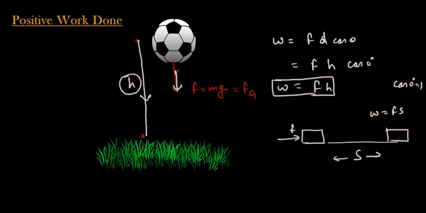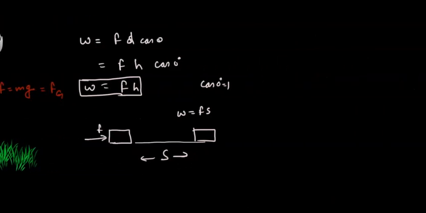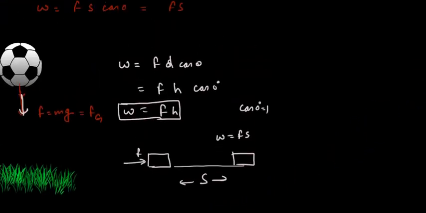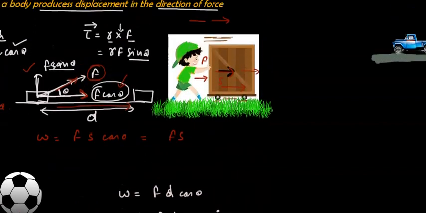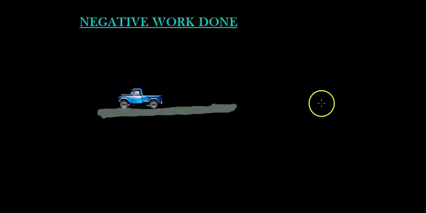Now let's check the idea of negative work done. What is negative work done? Let's try to find out the negative work done. This is the example we're going to take. Here's the example of negative work done.